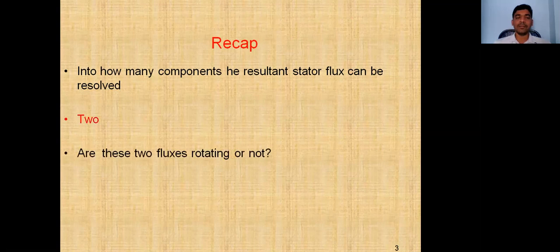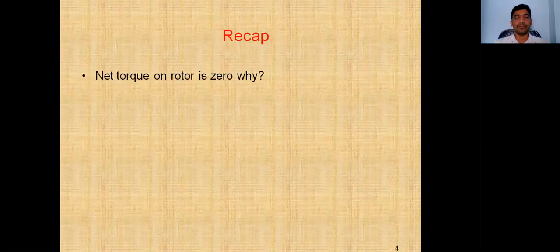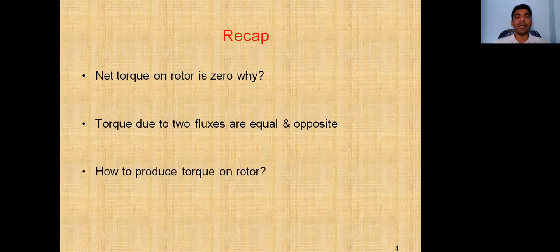Two components. Are these two fluxes rotating or not? Yes, sir, rotating. So the net torque on the rotor is zero. Why? The torques due to the two fluxes are equal and opposite. How to produce torque on the rotor? By giving an initial start to the motor.